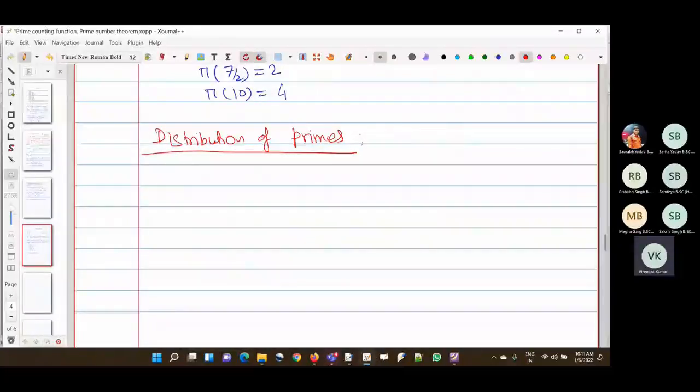In fact, every natural number. Suppose you are writing 10, then you can write 2 times 5. If you write 100, you can write 2 times 5 times 2 times 5, or 2 square into 5 square. So this is a product of prime numbers. You can also do this for 1000.